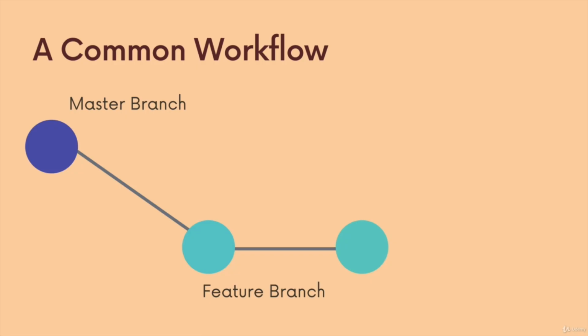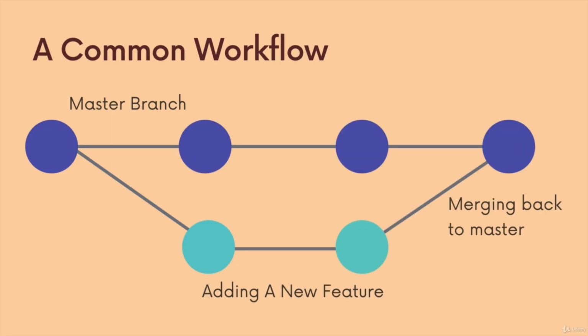So people work on a feature branch, and then that work can then be incorporated back into the master branch if it's deemed appropriate. It's solid and it's gone through some different checks and people like it, they can merge it back into master. But the work itself is done on a feature branch.